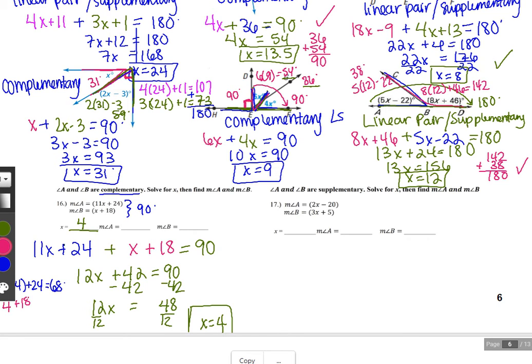So 68 plus 22 is indeed 90 degrees, so we know that we've checked out. So we'll go and put that into our blanks here. So measure of angle A we found was 68 degrees. And then angle B we said was 22 degrees. Put that there.